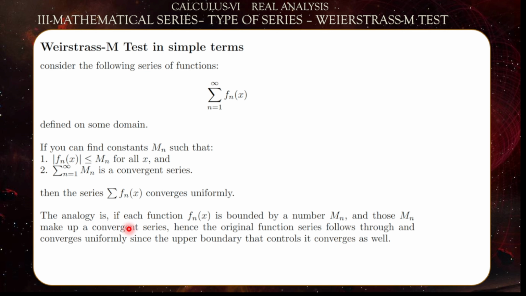The analogy is that each function fnx is bounded by a number Mn, and those Mn make up a convergent series. Hence the original function series follows through and converges uniformly, since the upper bound that controls it converges as well.